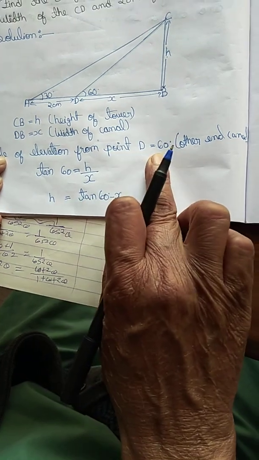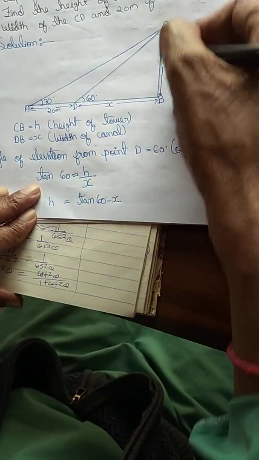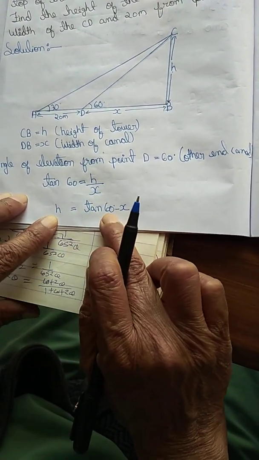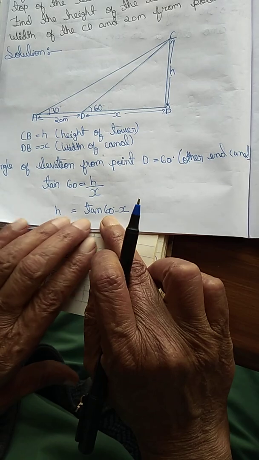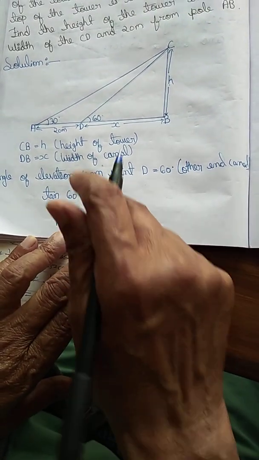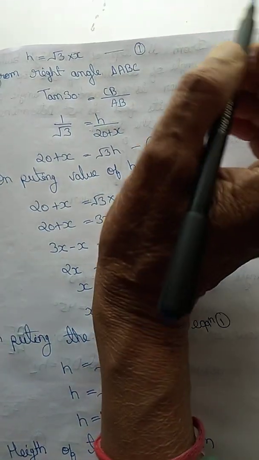Angle of elevation at point D is 60 degree. So tan 60 is equal to h upon x. H is equal to tan 60 into x. H is equal to root 3 into x.